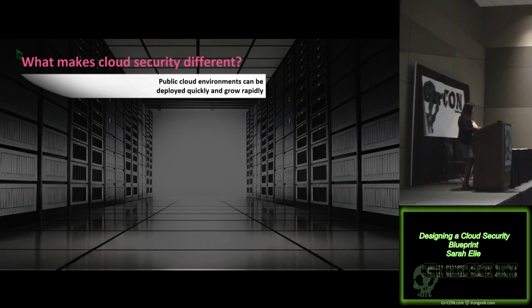It can skew timeline expectations. When deploying to the cloud, you don't have any time added for ordering servers or ordering circuits, that time that you might have previously used for planning security. You might not have sufficient time anymore. Time you thought, I need this amount of time to plan security, might not actually be the amount of time you need.